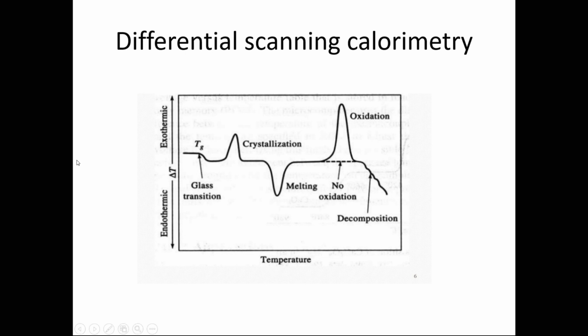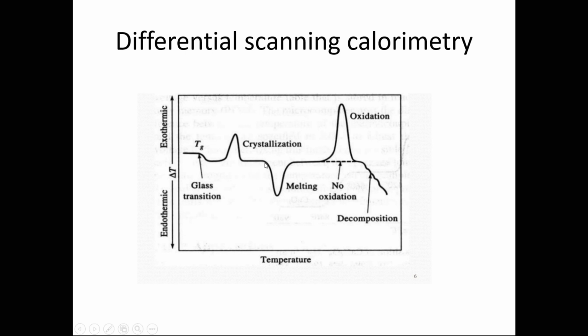Then the next thermal event, as we go in terms of the increase in temperature, will be this one, this maximum, and we now know that it is an exothermic event, and it could be related to crystallization, because crystallization results in release of energy, release of heat.